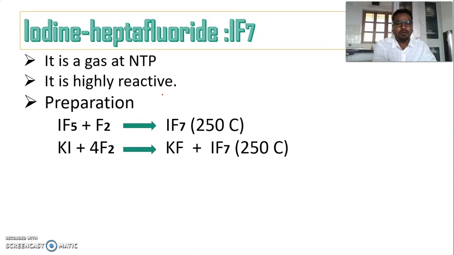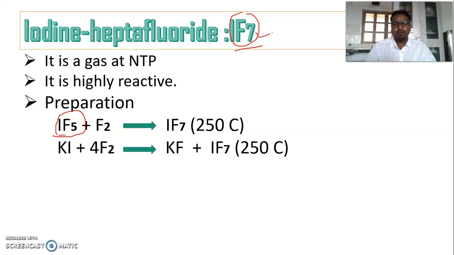Next important interhalogen compound is IF7, iodine heptafluoride. Usually the compounds of halogens are gases under normal conditions. IF7 is highly reactive, and it can be prepared by using IF5, iodine pentafluoride.